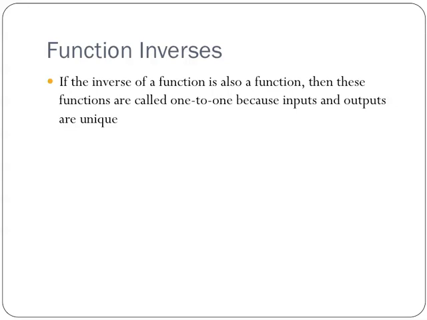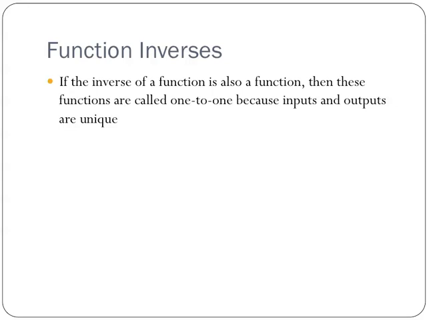Now, if the inverse of the function is also a function, that means each of those y values gives you unique x values. So for each y value, there's just one x value. So we call this one-to-one because each input maps to one output and each output maps to one input. So there is a one-to-one correlation there.